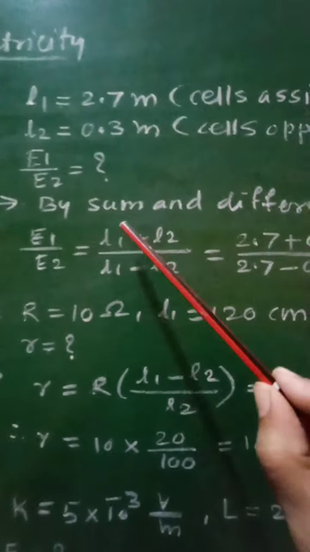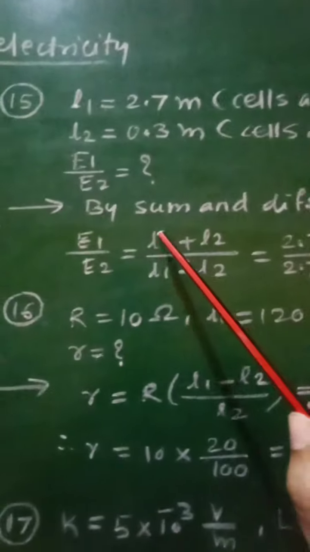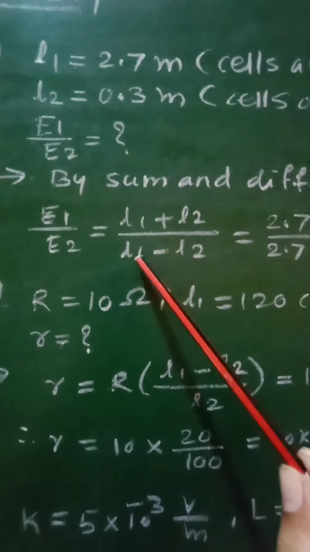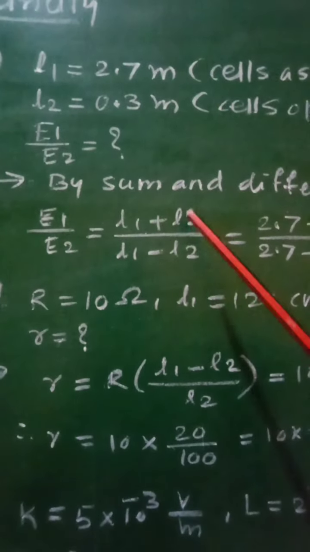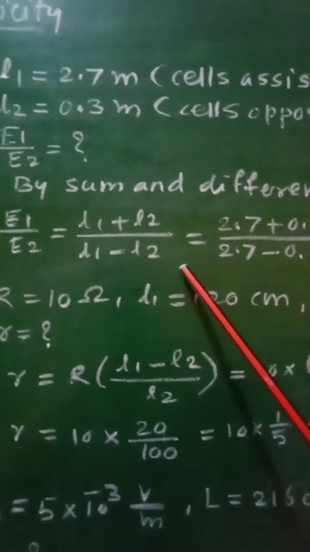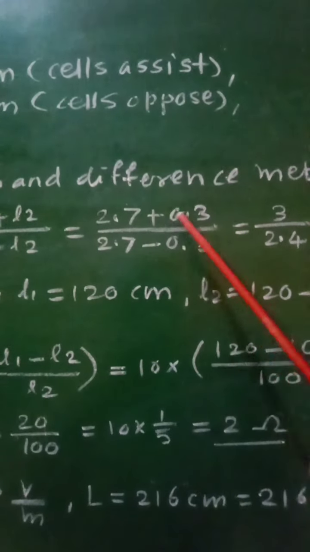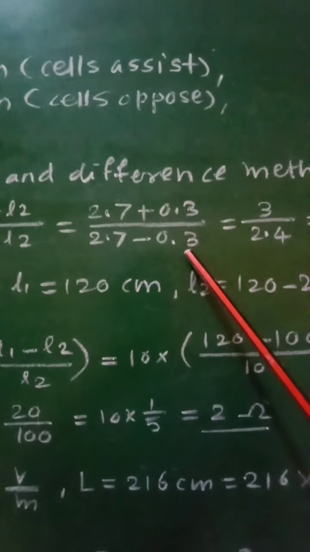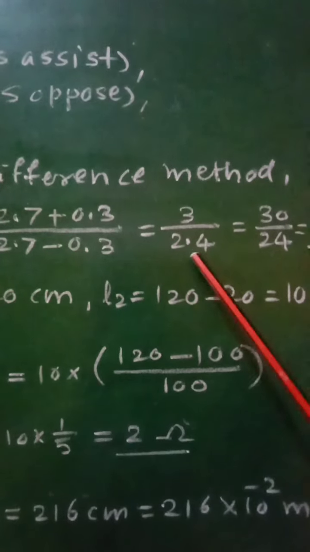So by the sum and difference method, we have E1 by E2 equal to L1 plus L2 upon L1 minus L2. Putting the values, we will get 2.7 plus 0.3 divided by 2.7 minus 0.3, which comes out to be 3 upon 2.4.